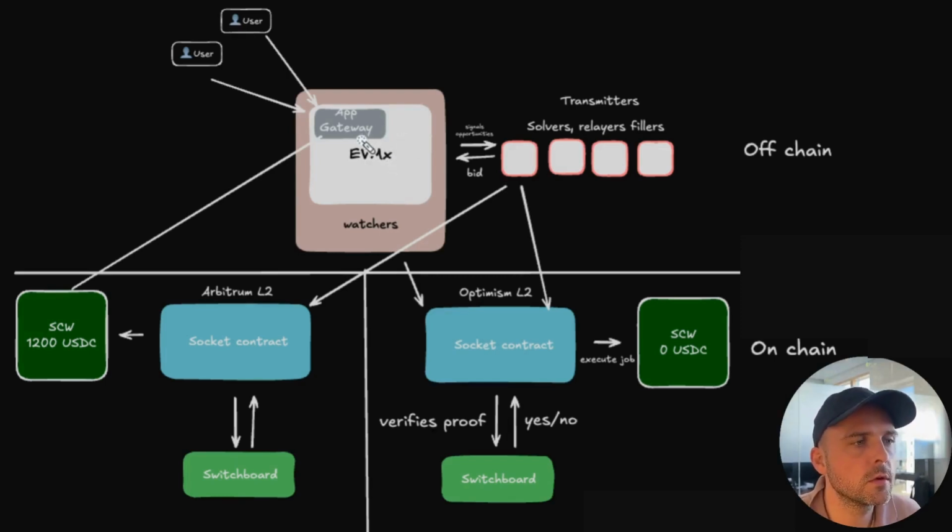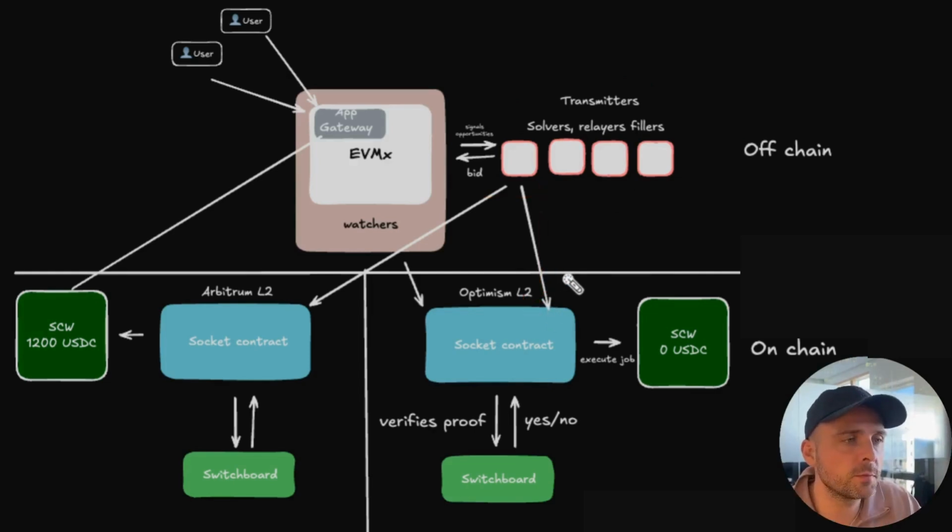So now that the app gateway has queued this instruction or payload, if you want, to be executed on chain, transmitters and solvers are aware there's an opportunity. They then bid on being able to execute the deposit on the user's behalf, and whoever wins is allowed to relay it on chain.